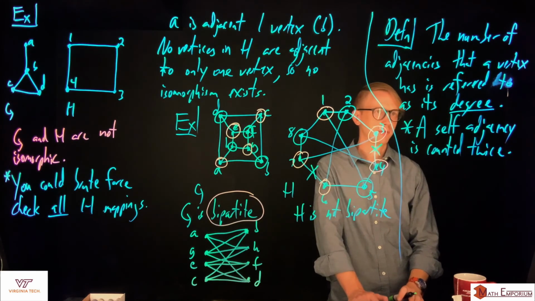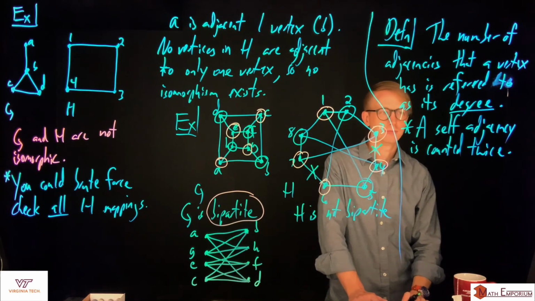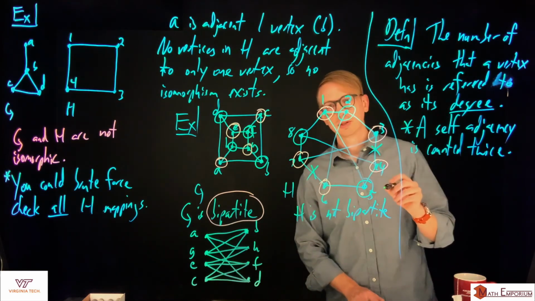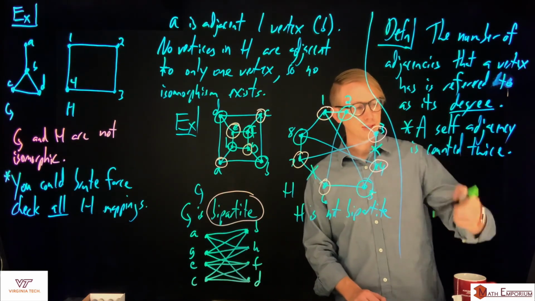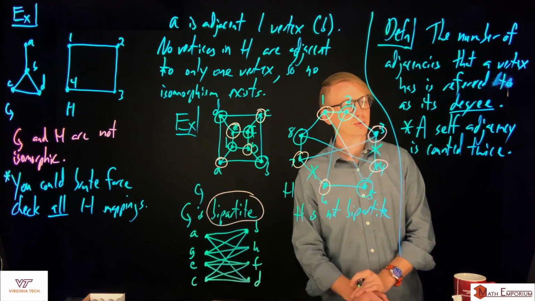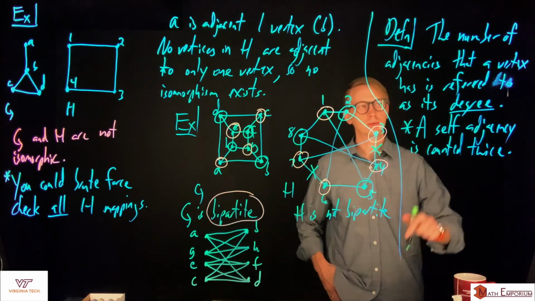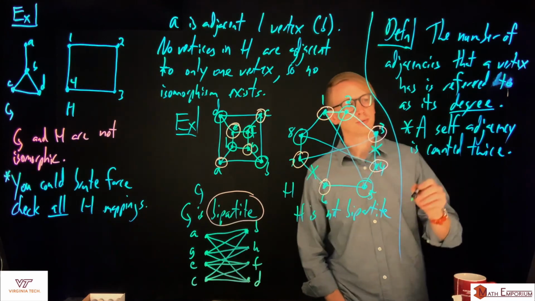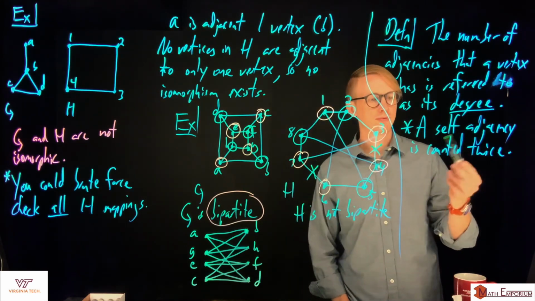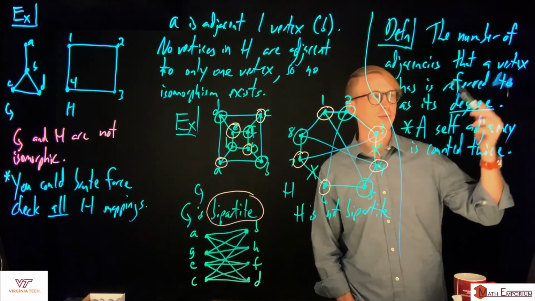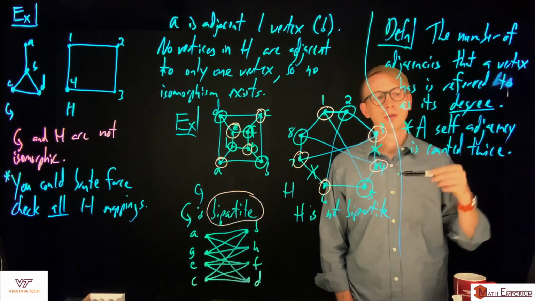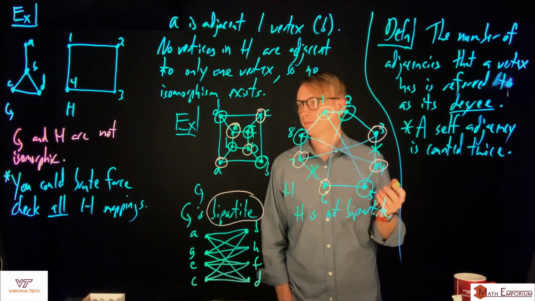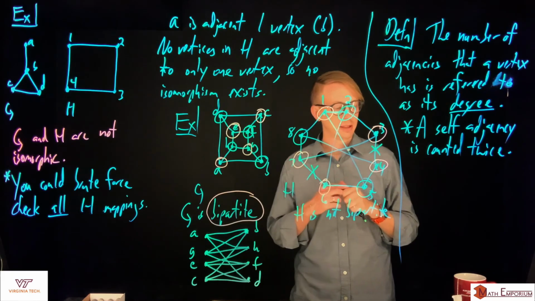So there's another way to define degree, which I'll give you as well. But I don't have enough space to do it here, so I'll do that in the next one, and then we'll play with some stuff with degree. But this is probably the more natural definition of degree. The only place where it kind of is troublesome is when you have self-adjacency. So I'll give you the one that kind of captures the whole picture all at once as well, but they're equivalent definitions. All right, so I'll see you all on the next video.